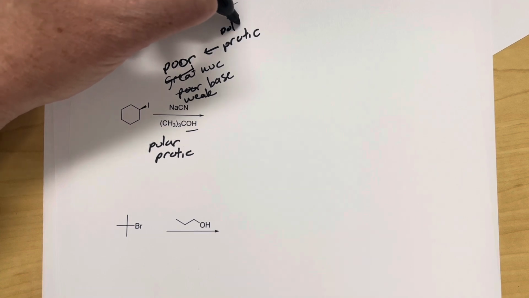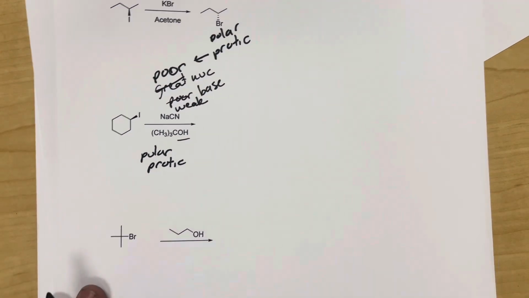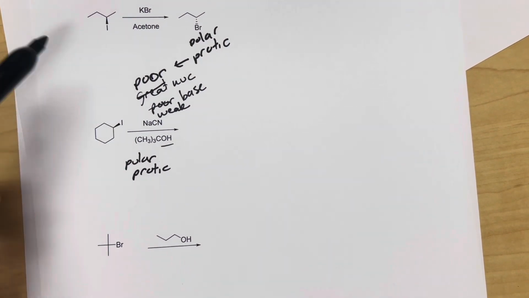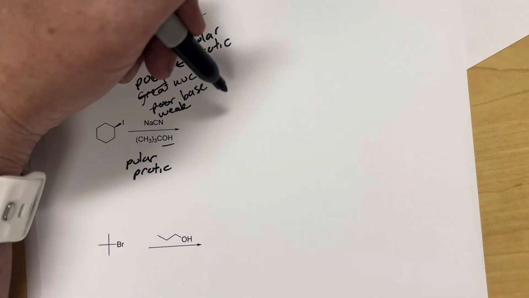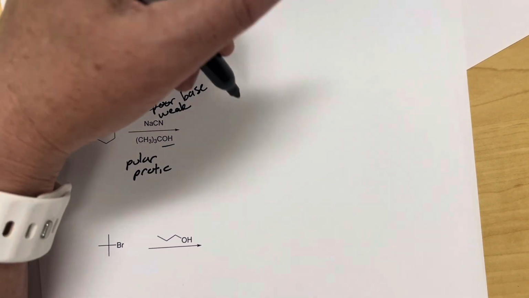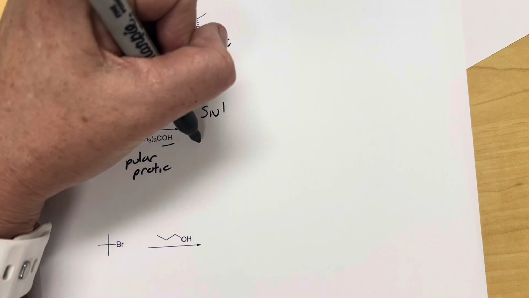Essentially we're looking at it as a poor nuke and a weak base. As a poor nuke and a weak base, we know that would proceed via SN1 and E1 reactions, right?